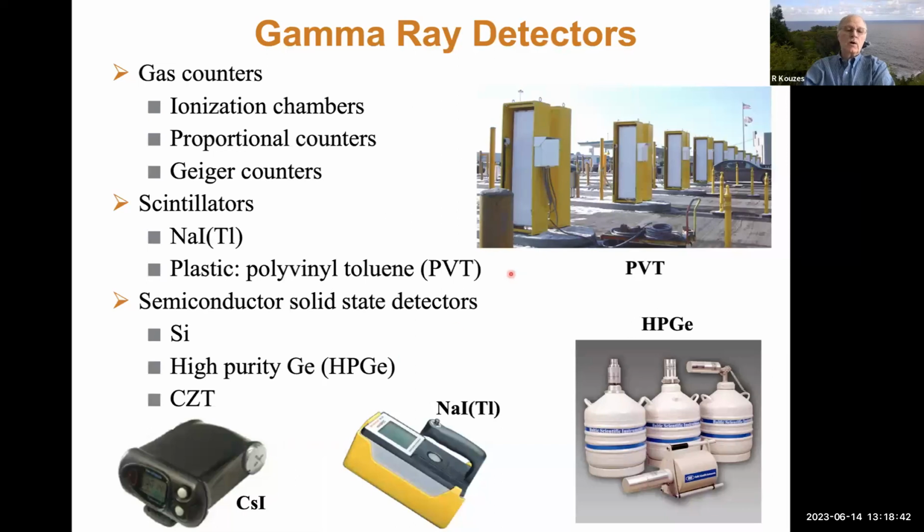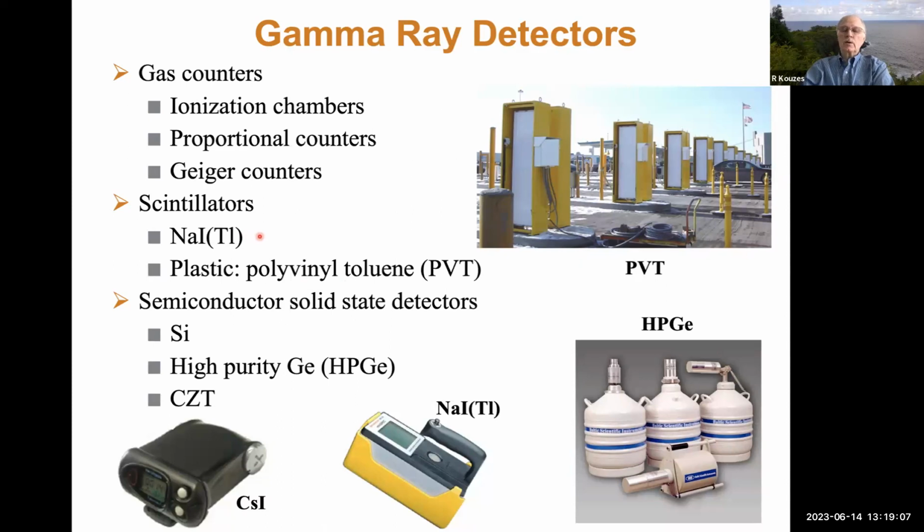They can be larger, but when we think about large scintillators, we tend to think about things like plastics, polyvinyl toluene being the most common, polystyrene being another example. These large plastic scintillators can be made relatively cheaply. They can be made very large. They don't have anywhere near the same energy resolution as sodium iodide.